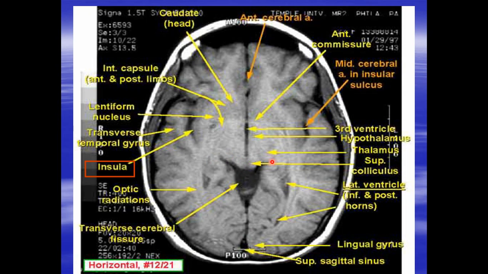Here we have the pons, and at the posterior aspect of it there is the superior colliculus. This elevation here is the superior colliculus, and just inferior to it is the inferior colliculus. So there are four colliculi. We can see here the superior colliculus.